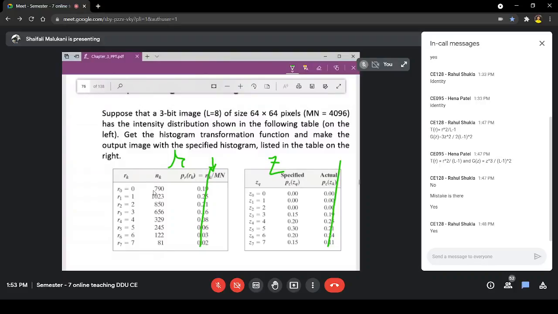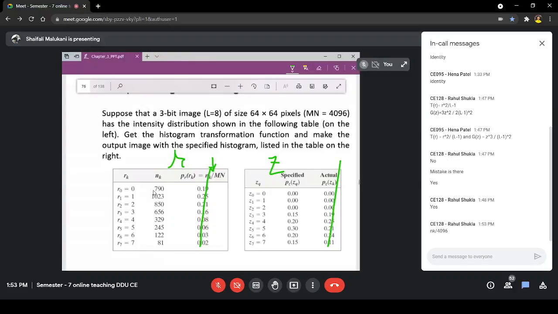The third column is nothing but the probability, which will be nk divided by 4096, because 4096 is the total number of pixels. That is true.